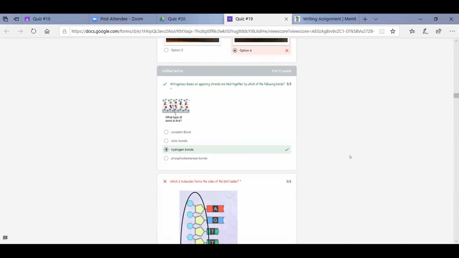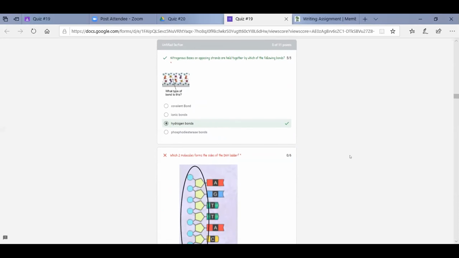Hydrogen bonds hold those together. They hold the nitrogenous bases together to make DNA.